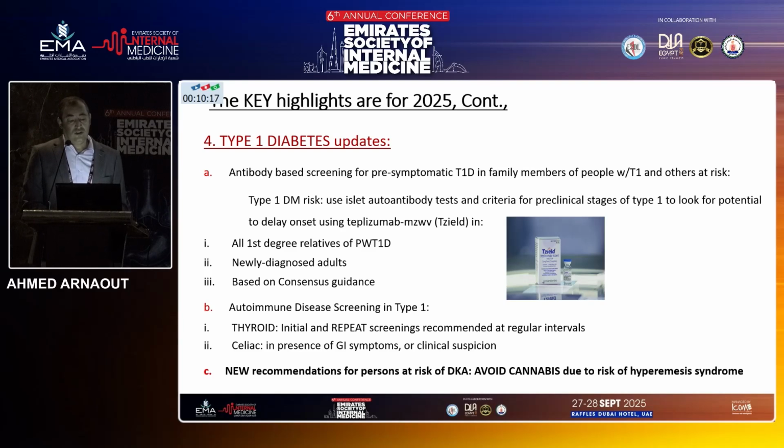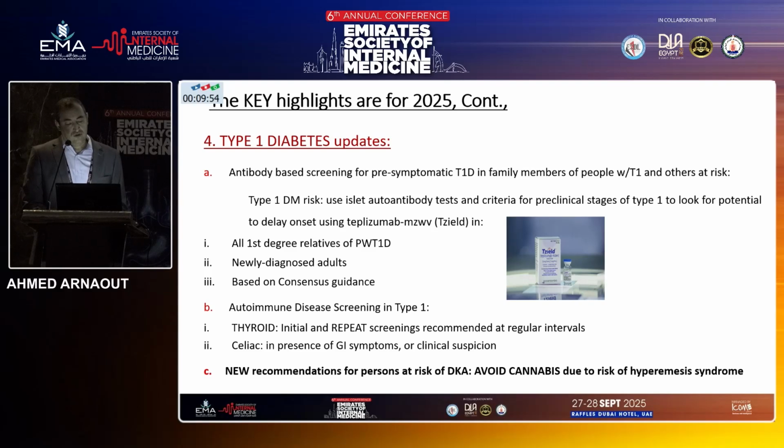This is used for pre-symptomatic type 1 diabetic patients as a prophylaxis, or a precaution, to delay developing diabetes in the future. Who should be eligible or a candidate for such new medications? All first-degree relatives of patients with type 1 diabetes and newly diagnosed adults, based on consensus or team decision.